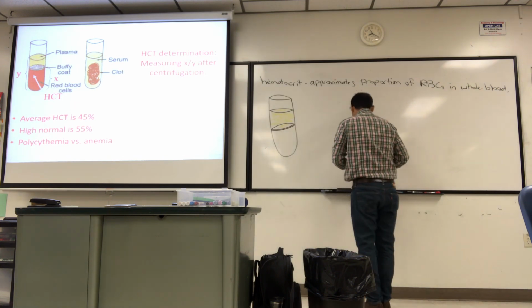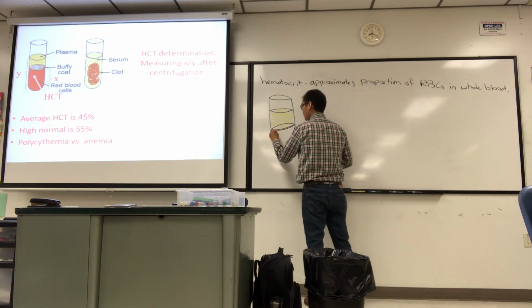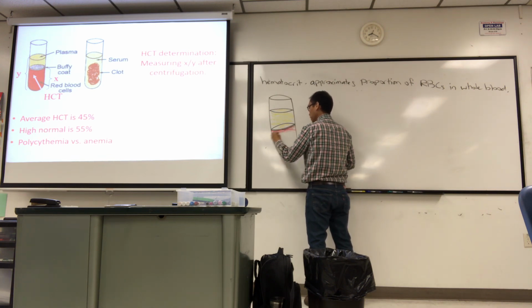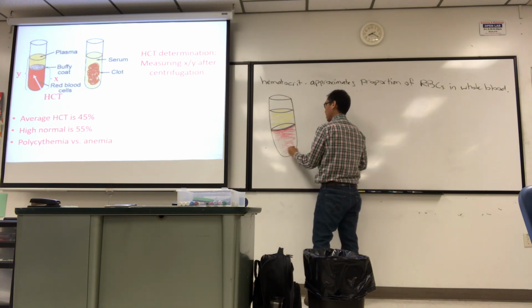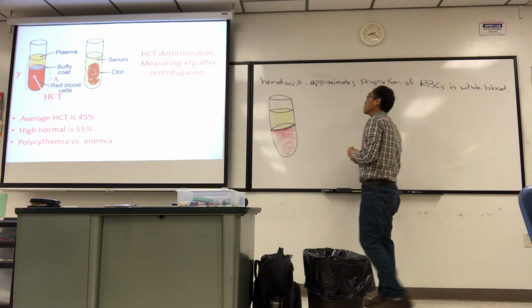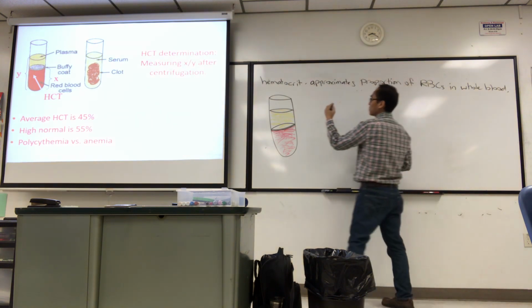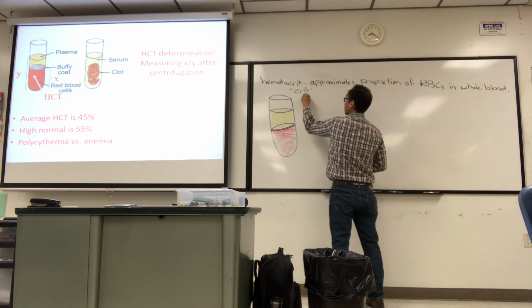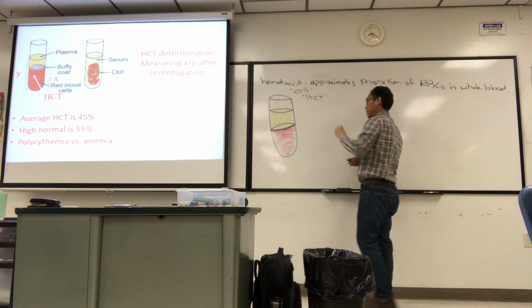The dense portion that spins down is the RBCs, and that's your crit. So hematocrit, sometimes called crit, sometimes called HCT, all the same thing.